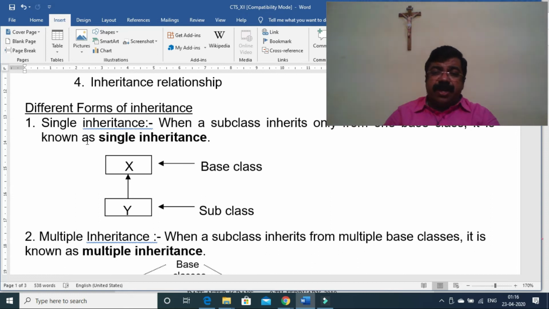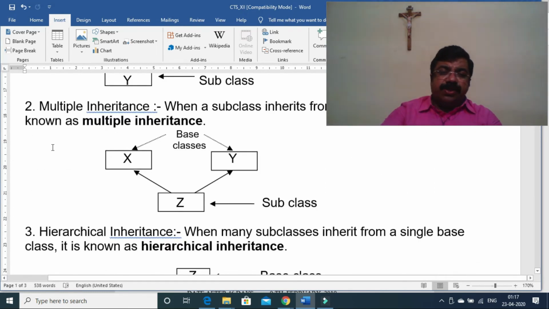Subclass has another name, that is derived class. So the qualities of class X can be taken to class Y through inheritance. And when only two classes are there, one base class and one child, or the derived class, we will say that it is single inheritance. So I think that point is clear.